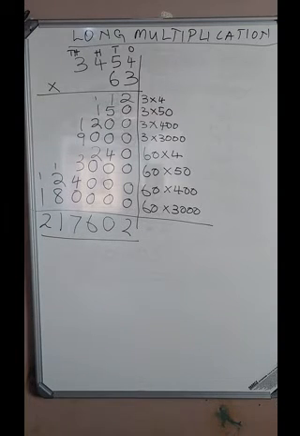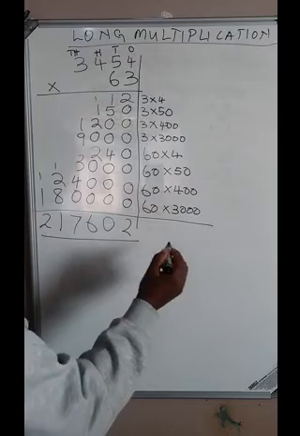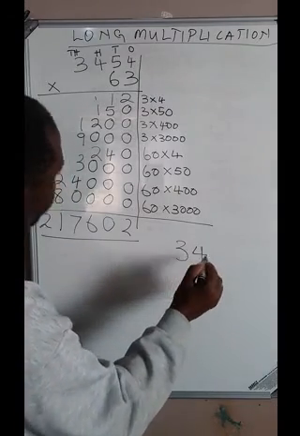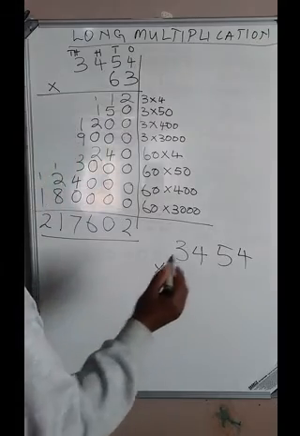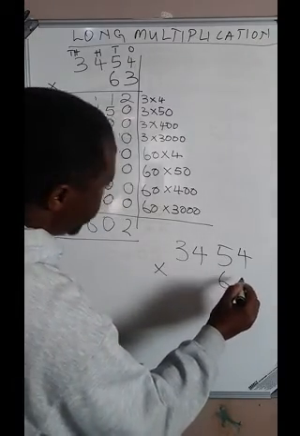So this is how you do long multiplication, if you are having a problem with doing short multiplication. Now, if we were doing short multiplication here, let us look at the example. 3,454 multiplied by 63.